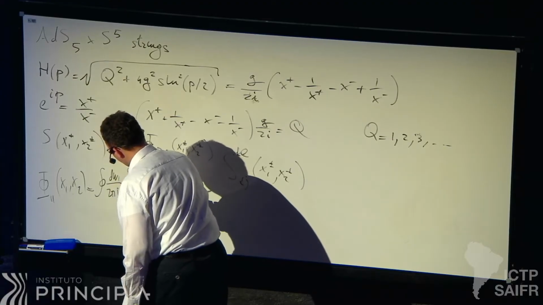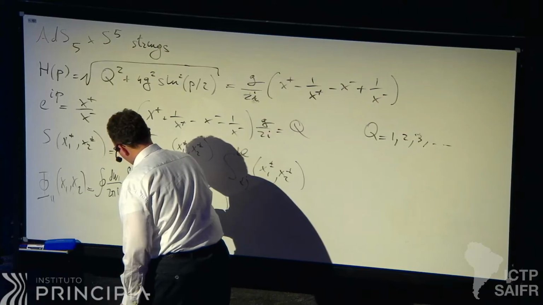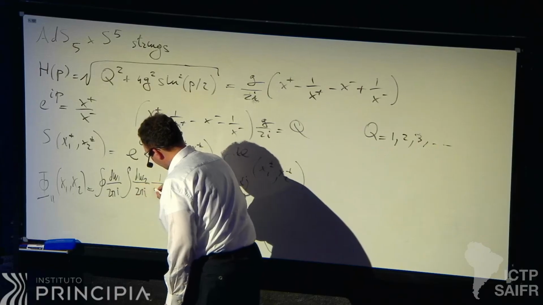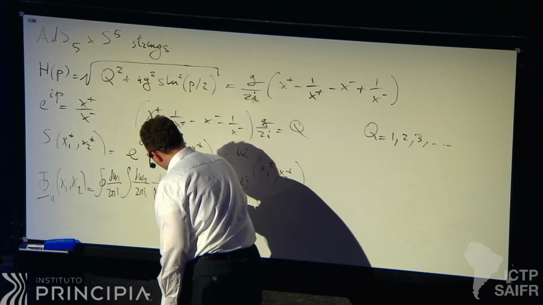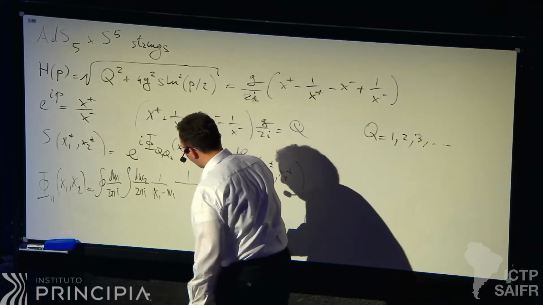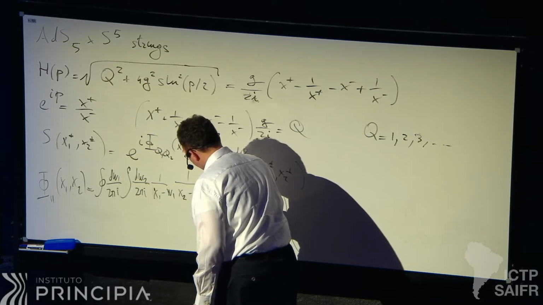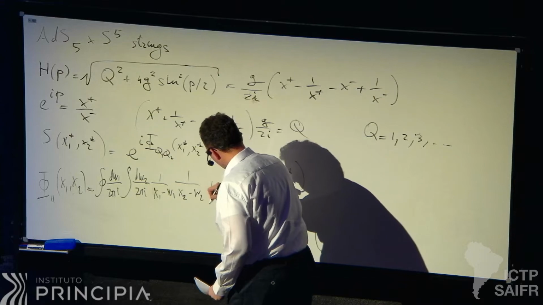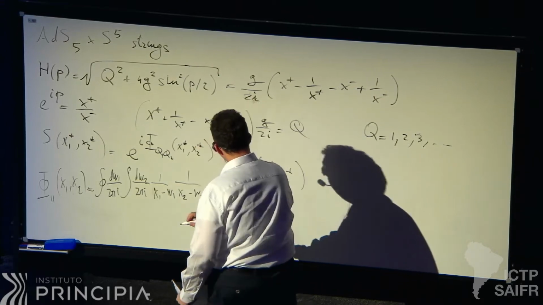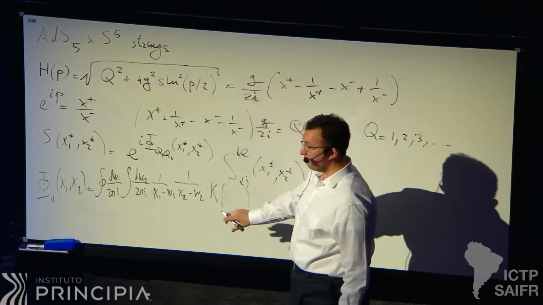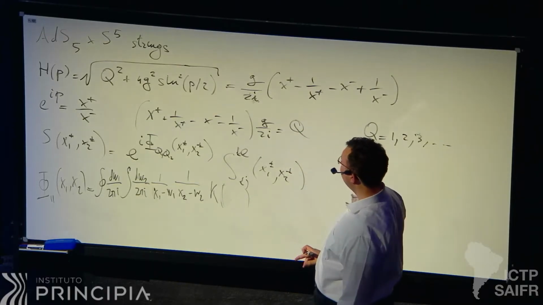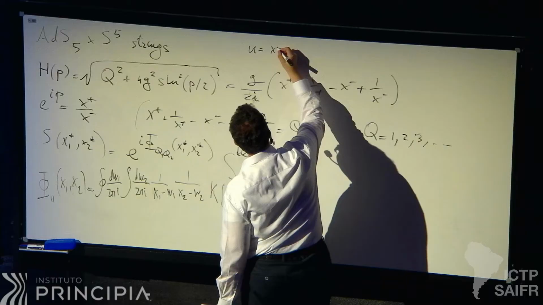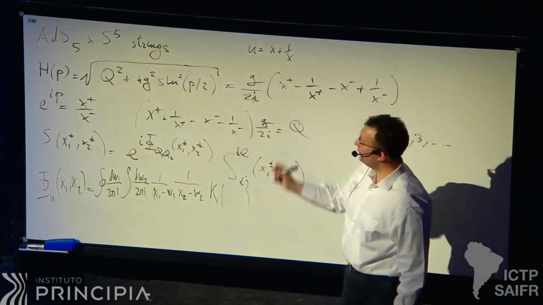So it's a double integral. I'm being a little bit sketchy, I'm not really writing exactly how the plus minus enter in this thing, just too many things to put on the board. And here there is some kernel K. The best way to write this kernel, and actually the best way to understand this dressing factor, is to introduce a map, a function, or a parametrization u that is related to x simply like this.